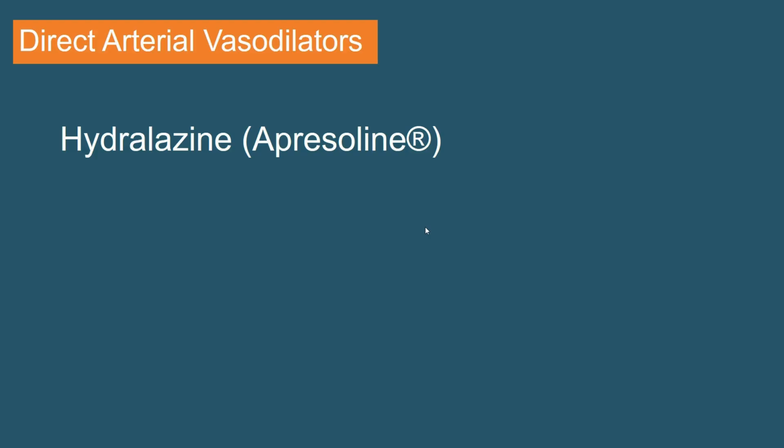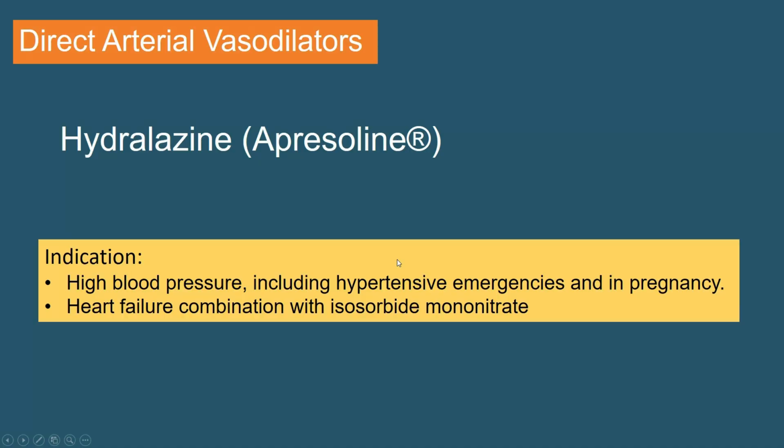And additionally, other drugs in this category include vasodilators. Vasodilators include hydralazine, brand Apresoline, and like other direct vasodilators, they are primarily used for high blood pressure, and they also come in IV.